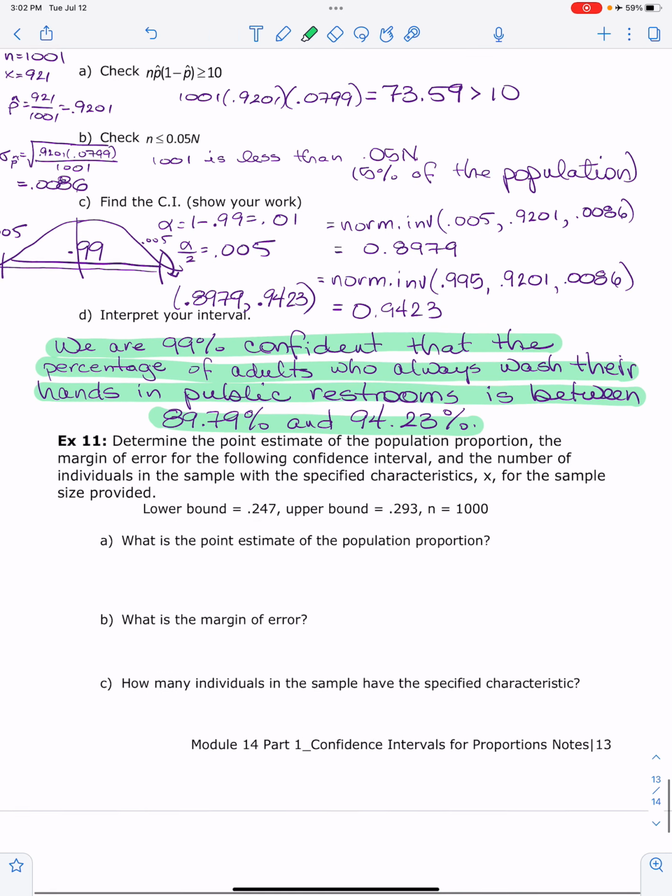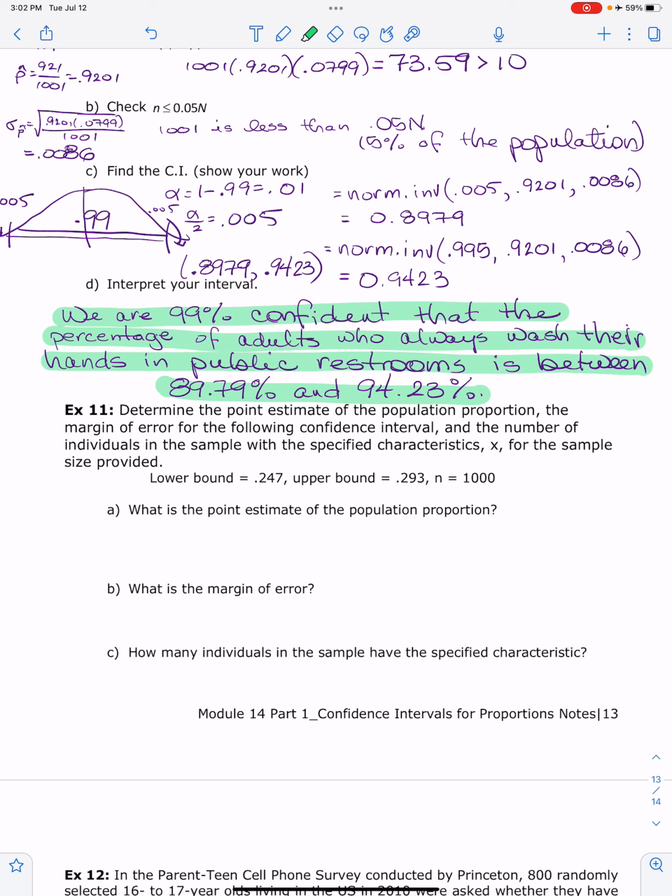Okay. So let's go back for a minute and just make sure that we're putting together all the pieces when it comes to confidence intervals. So example 11, we want to determine the point estimate of the population proportion, the margin of error for the following confidence interval, and the number of individuals in the sample with the specified characteristics for the sample size provided. So the point estimate, again, has to be in the middle of the confidence interval.